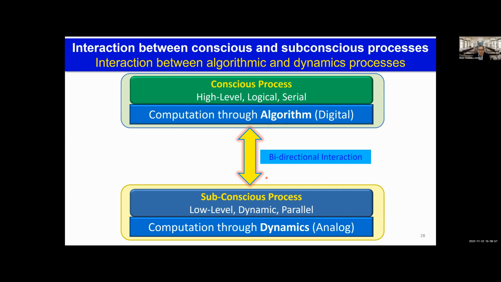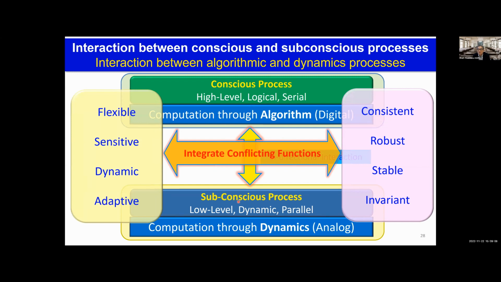The brain uses this kind of structure, bidirectional interaction of the conscious and subconscious processes, to integrate conflicting functions together. For example, flexible but consistent, sensitive but robust at the same time, and dynamic but stable. And we have adaptation, but the system itself is invariant. So I am always I, not changed.